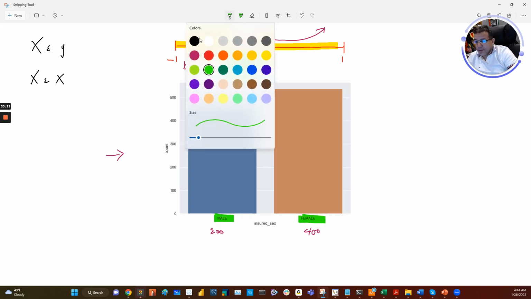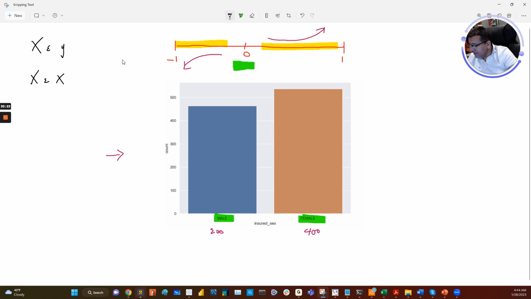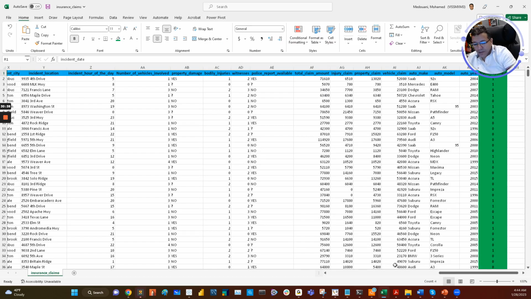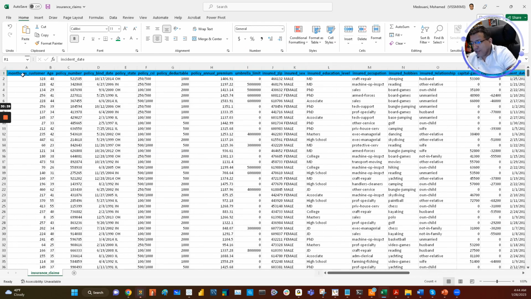I don't really understand. How can we compare, for example, X and X, something with itself? I don't really get that. Do you know, X and X means X is all these inputs. So for example, this is X1, this is X2, 3, 4, 5, all the way to the end.